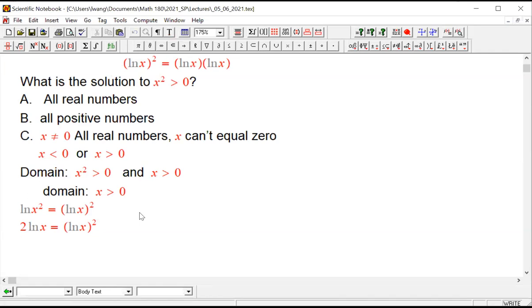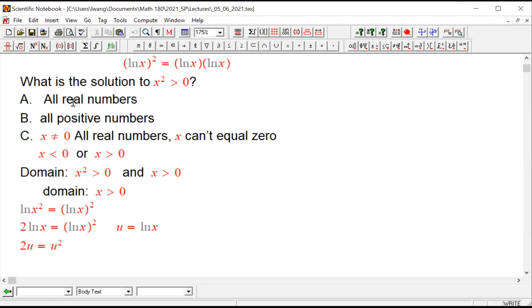And then what? We have ln x here, we have ln x here. Shall we introduce an intermediate variable u? So what do we end up with? We end up with 2u equals u squared.